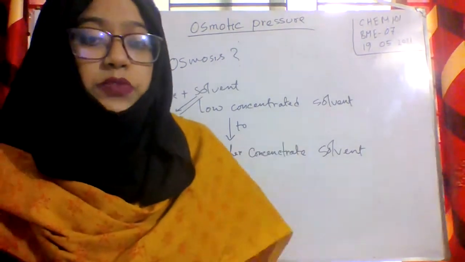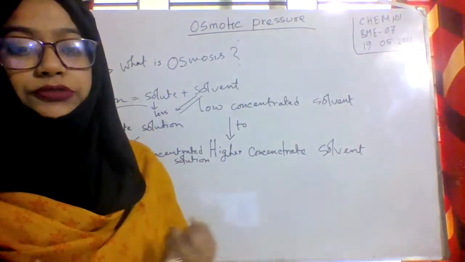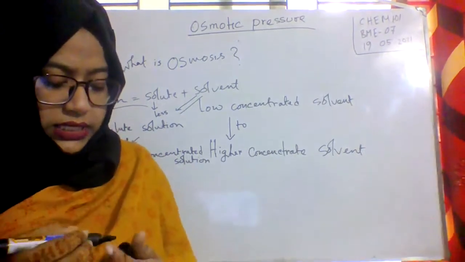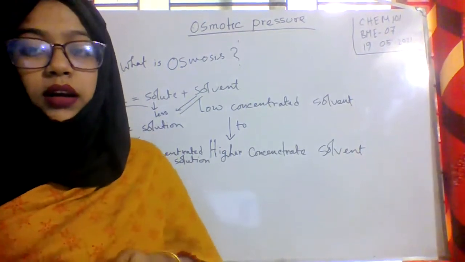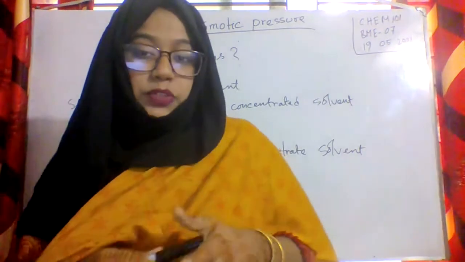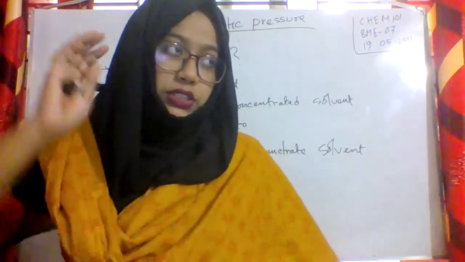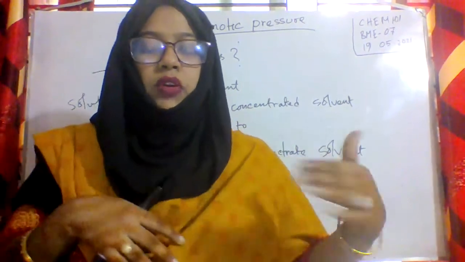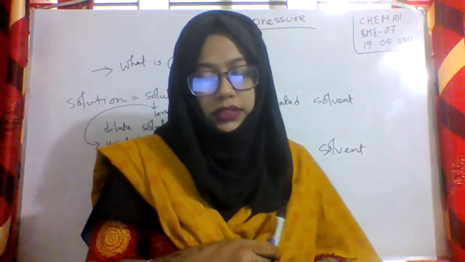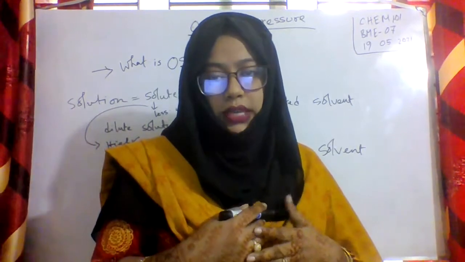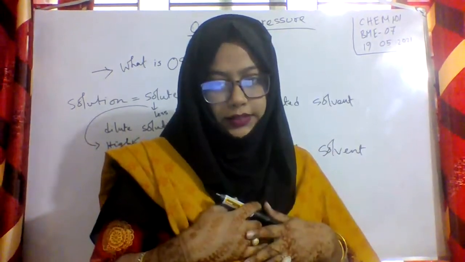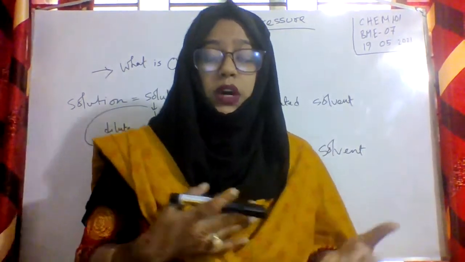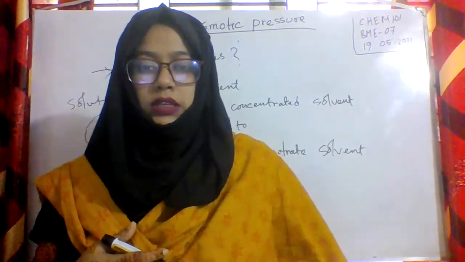So osmosis is the opposite of diffusion. Diffusion is the process where the solid particle shifts from the higher concentrated area to the lower concentrated area. Okay, the solid particle. So osmosis is the opposite.